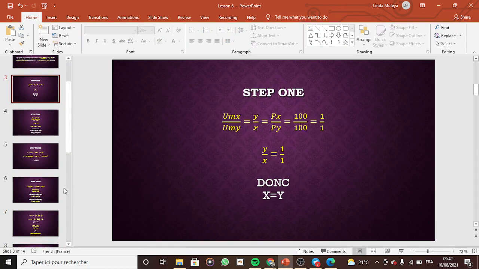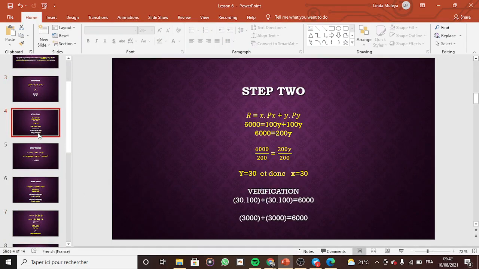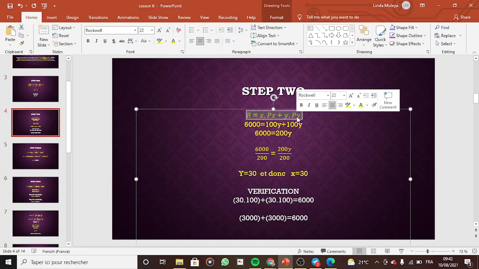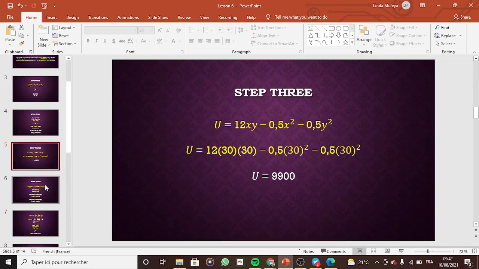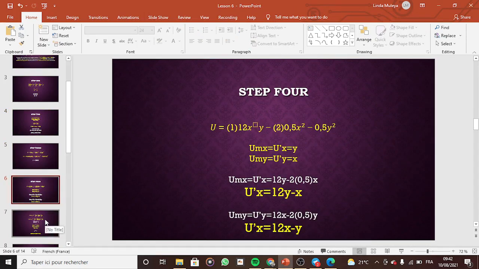And so basically what you do is the same thing. Once you found that equality, you bring it back and apply it to the budgetary constraint formula, which will bring you to this point until you find y is equal to 30 and x is equal to 30. So this is just another way of finding the very same answer.